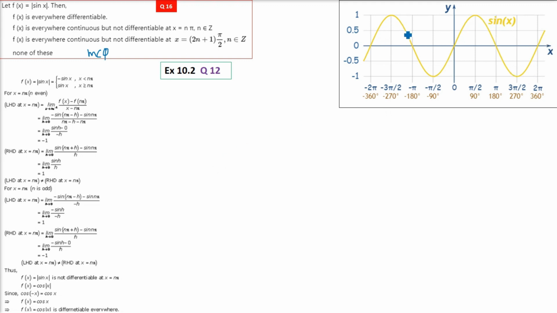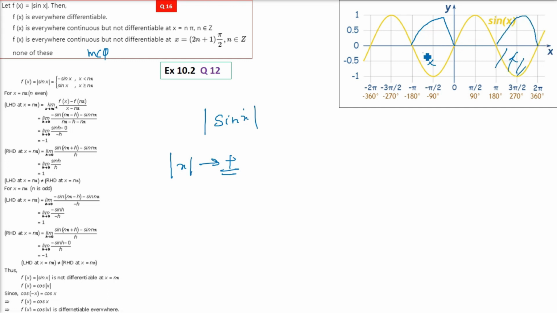But because you see this graph, it is very clear that when you have sin x, this is a function. Modulus of sin x means there will be nothing on the negative y-axis, because modulus of anything will always give you a positive value. So these below crests or troughs, whatever you call them, are going to go up.